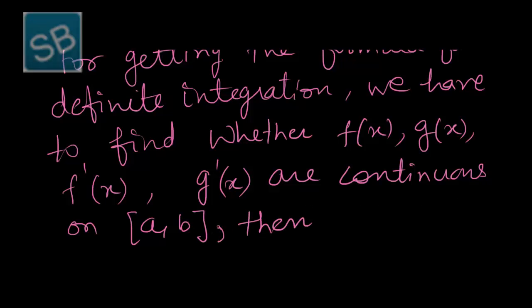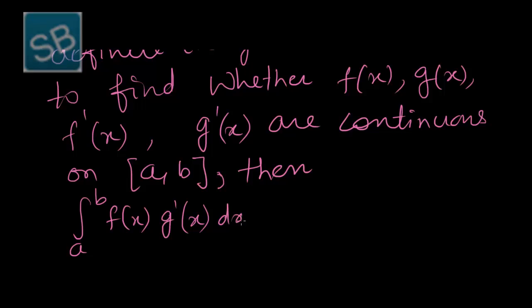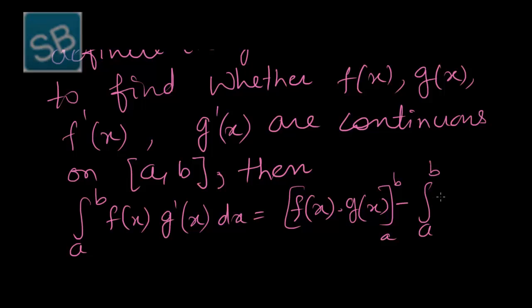Then integral a to b f of x g dash x dx is equal to f of x into g of x from a to b minus integral a to b f dash x g x into dx.